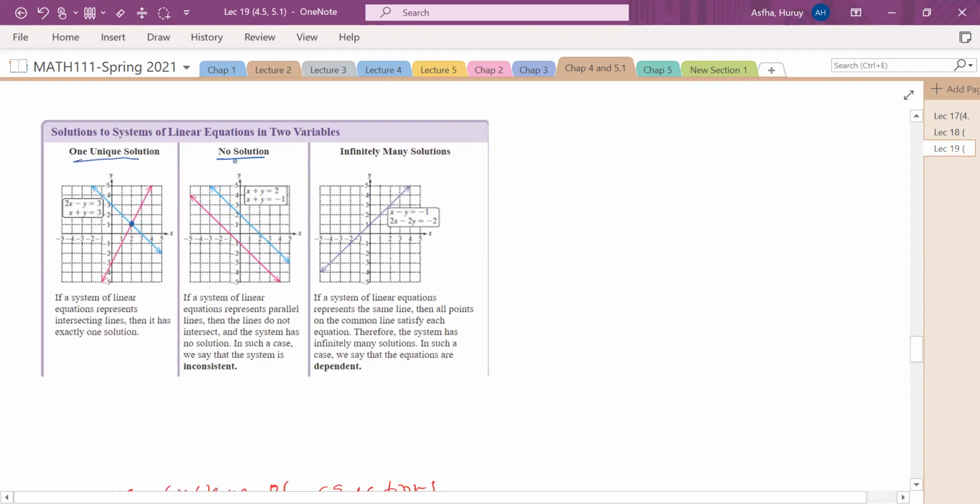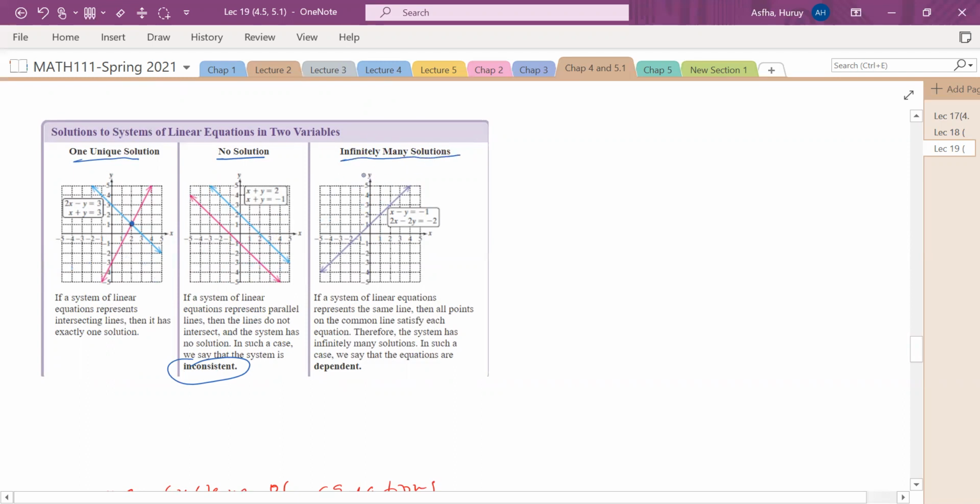Therefore, they don't have a solution in common. And such a system of linear equations, we call inconsistent. Otherwise, this is consistent.